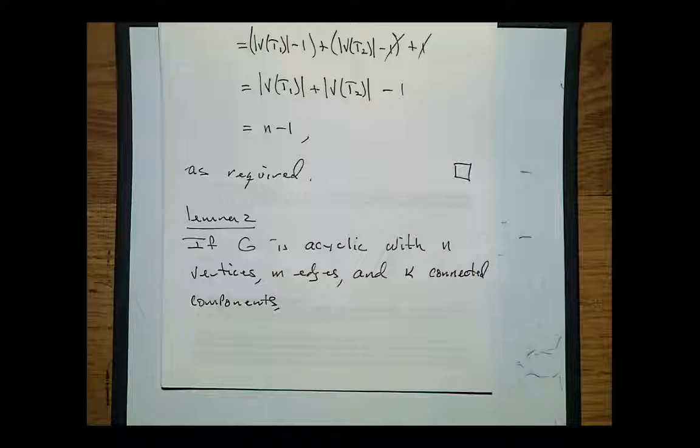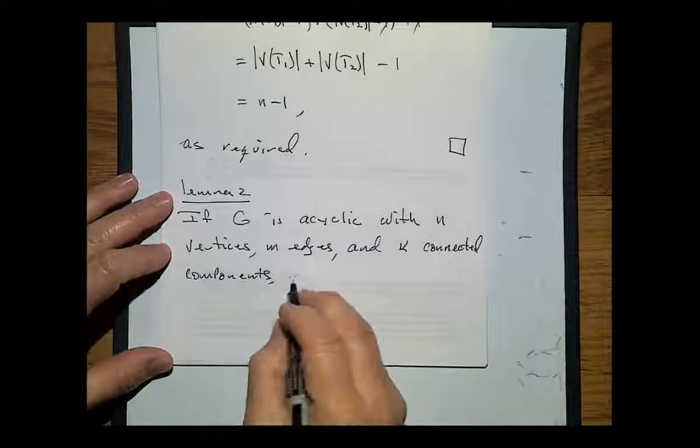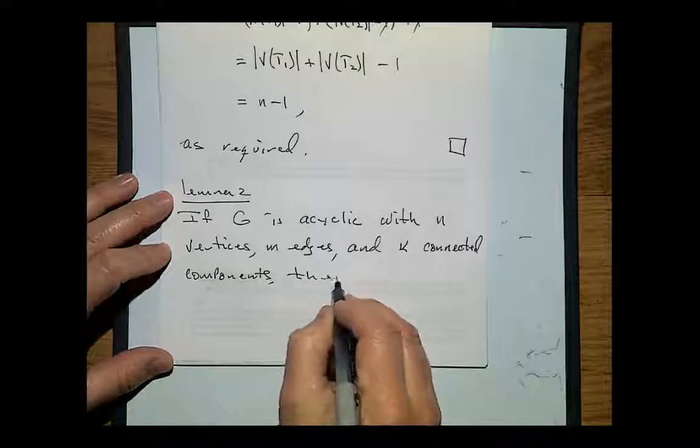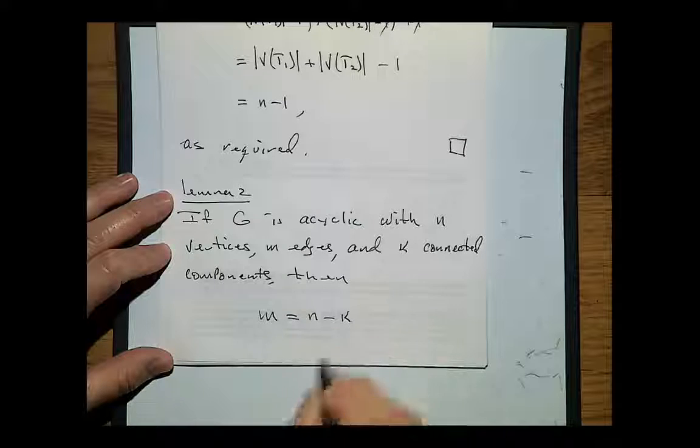So, remember what a connected component is? It's a connected subgraph that can't get any bigger and stay connected. You can't have any bigger, any containing subgraph within that graph that is still connected. So they're the maximally connected subgraphs of a graph. So we have n vertices, m edges, and k connected components. Then m equals n minus k.